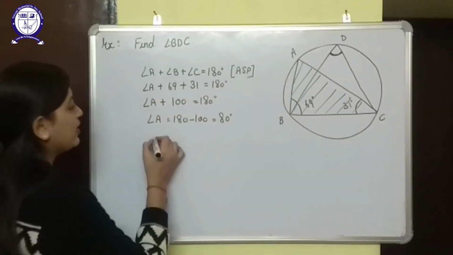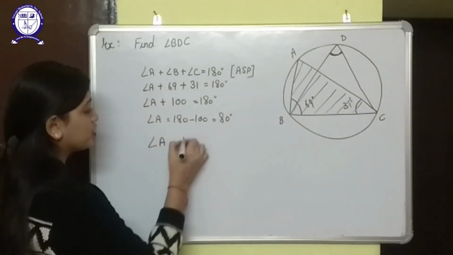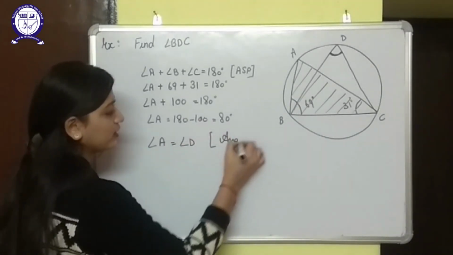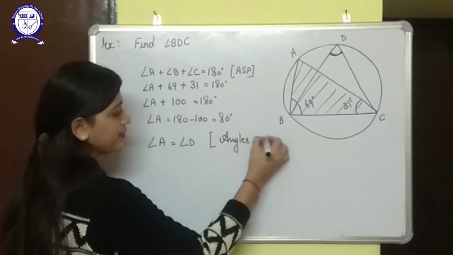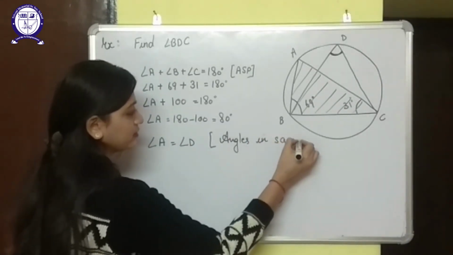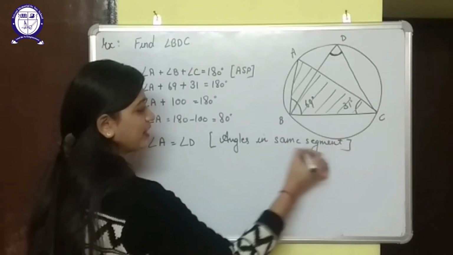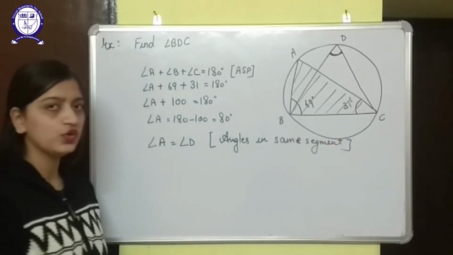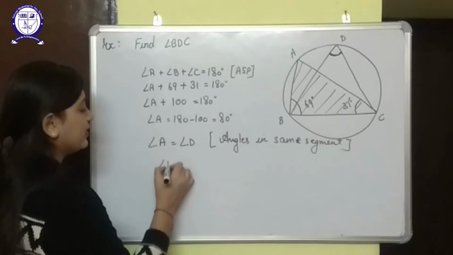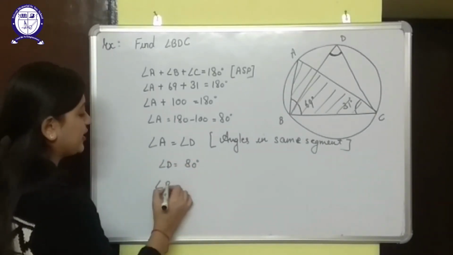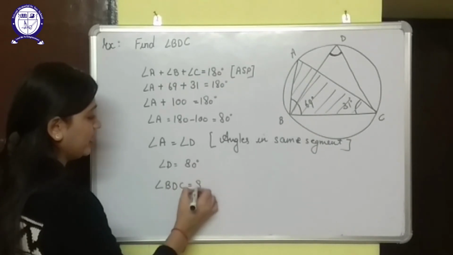So angle A should be equal to angle D. These are angles in the same segment, and the angles in the same segment are equal to each other. So my angle D will be 80 degrees. So angle BDC is equal to 80 degrees.